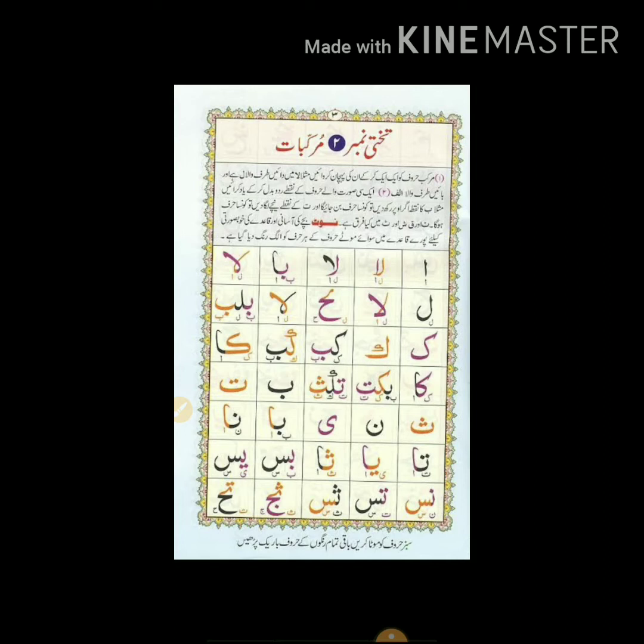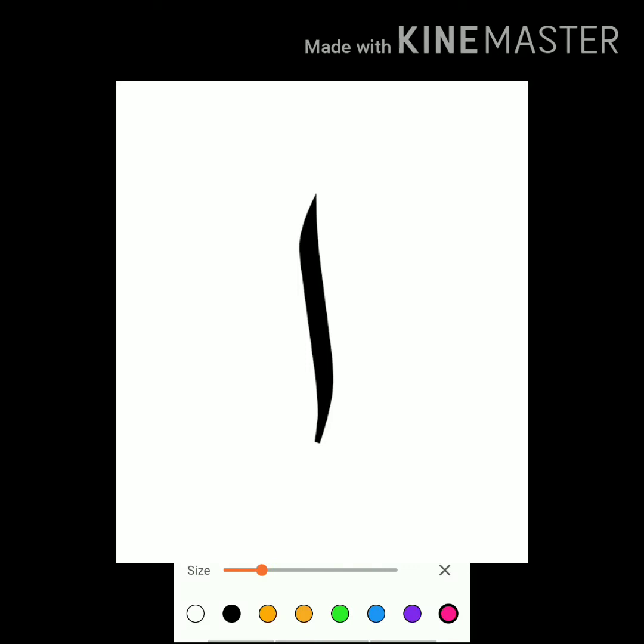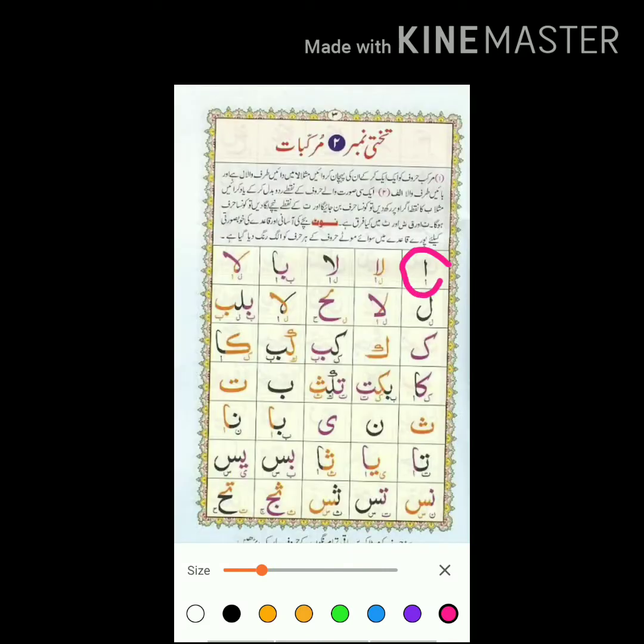In the very first lecture, I told you that whenever you see any straight line, then you should know that that is alif. I'm talking about this letter. This is alif. I will not talk in detail because I have already told you briefly about alif, like what it sounds like. Now moving to the second box, there are two letters joined together.